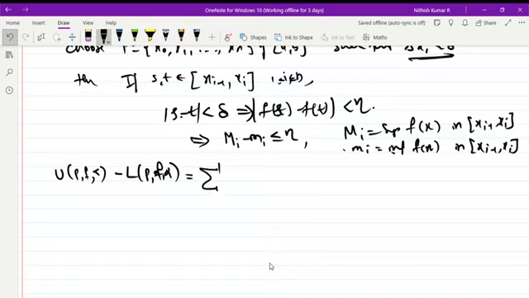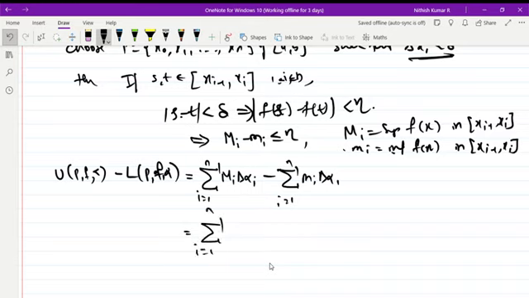It is nothing but the summation i equal to 1 to n of capital Mi delta alpha i, minus LPf alpha, which is the summation i equal to 1 to n of small mi delta alpha i. By taking the common terms, it is the summation i equal to 1 to n of capital Mi minus small mi into delta alpha i.